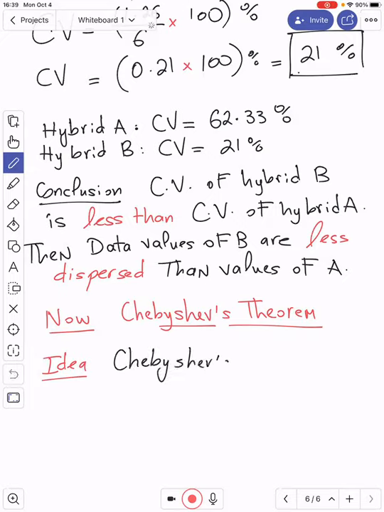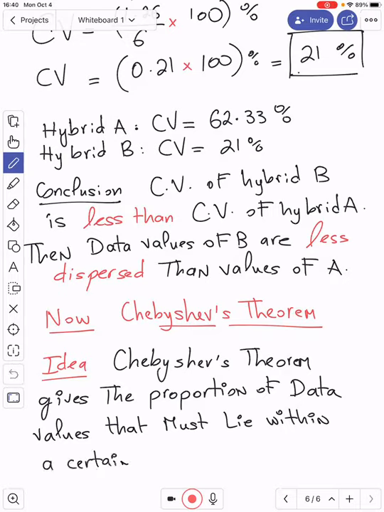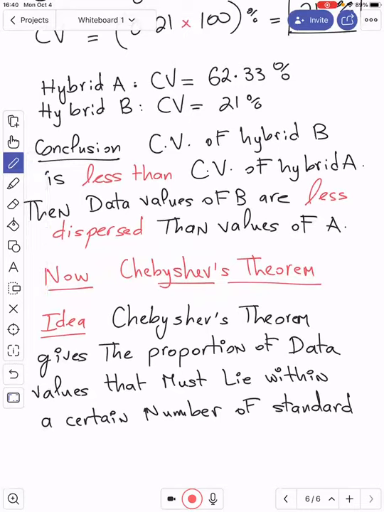So Chebyshev's theorem gives you the proportion of the data values that must lie within a certain number of standard deviations from the mean.